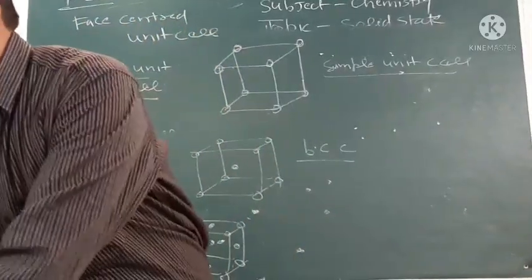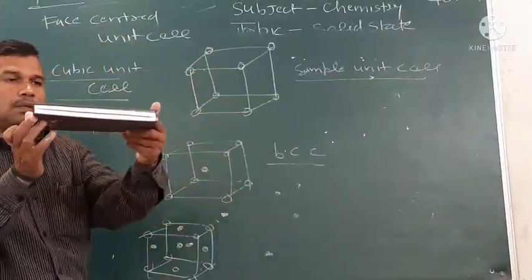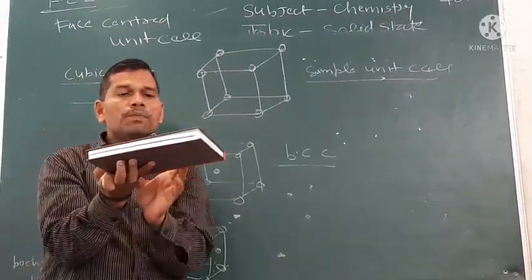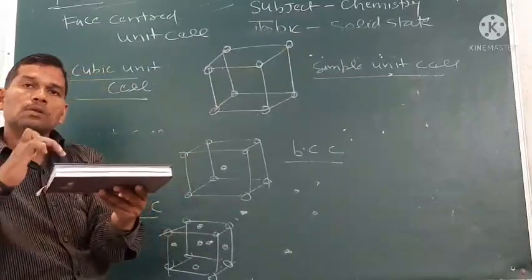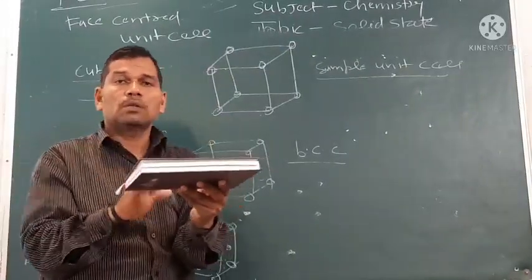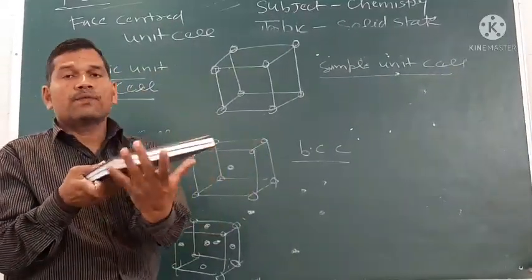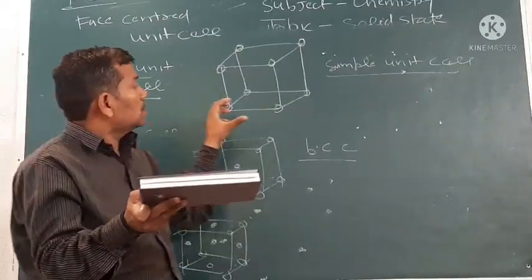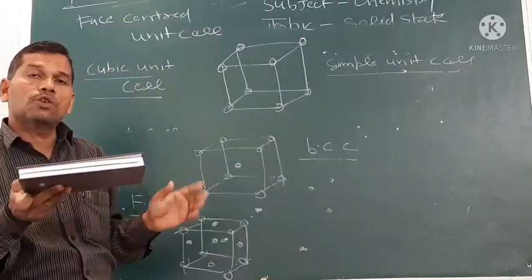A cuboid is like a cube. If the sides of the surface of a cuboid become equal, then it is called a cube.